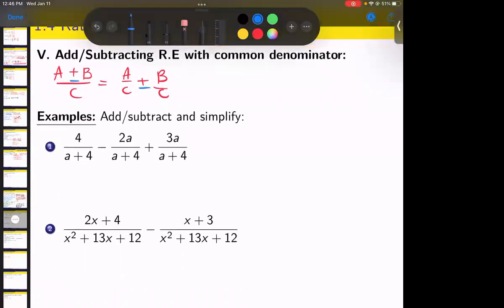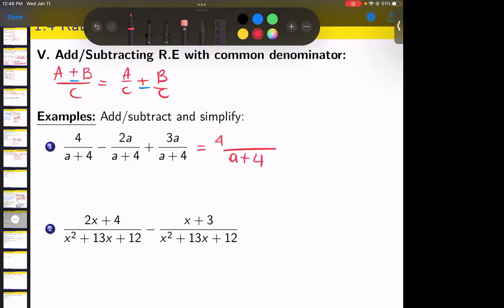And vice versa. Now this one right here, I have the same denominator. All I have to do is what? At the top, right? All I have to do is add the top. So the common denominator will be a plus 4.